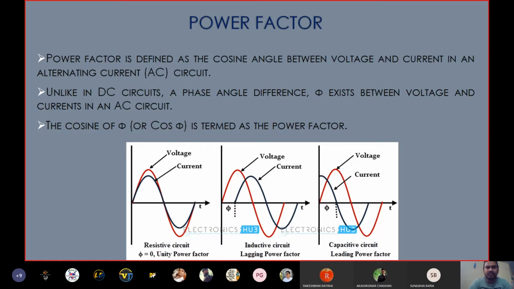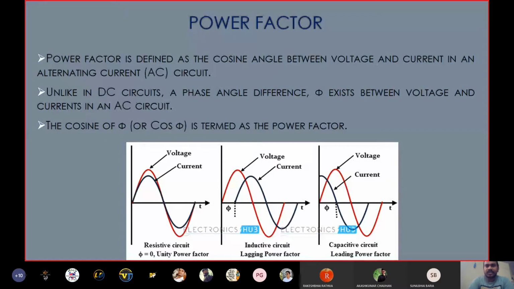Power factor is defined as the cosine of the angle between voltage and current in an alternating circuit. If we talk about the AC circuit, there is a phase angle between voltage and current, and if we take the cosine of this angle, then it is the power factor in the AC circuit.